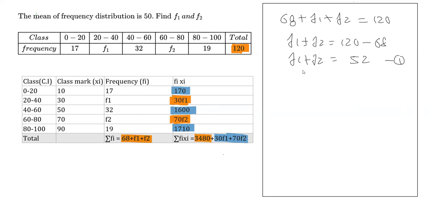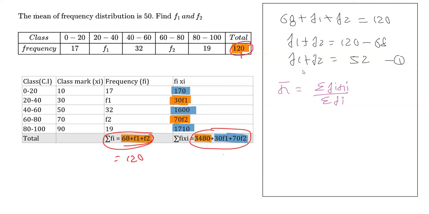In the next part, we'll be applying the mean formula. The formula for calculating the mean is X bar equals sigma Fi Xi divided by sigma Fi. As you can see, we have this sigma Fi Xi. Instead of sigma Fi, we'll be taking 120, as you know the sum of these is 120 only. It's given here.